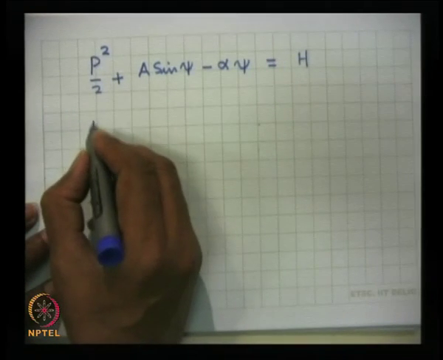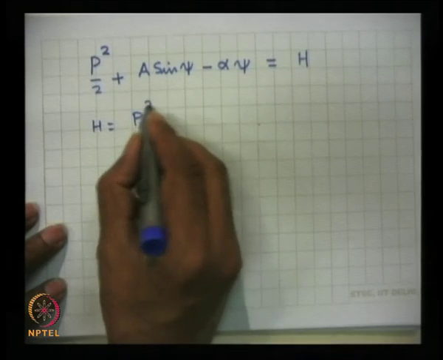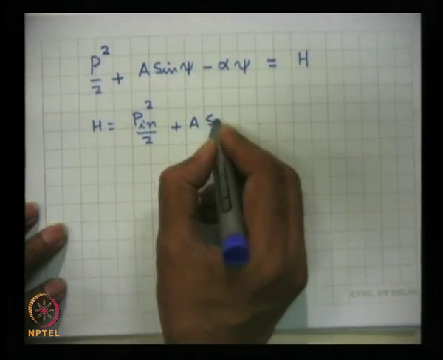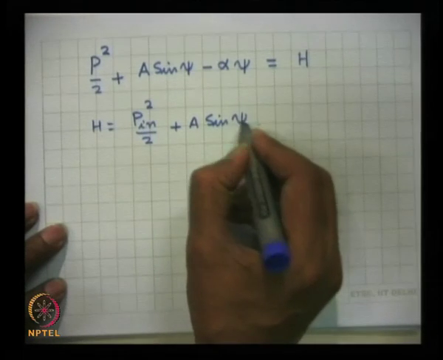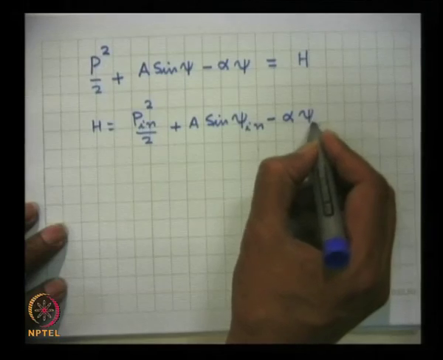Then you get h is equal to p initial square upon 2 plus a sin psi initial minus alpha psi initial.